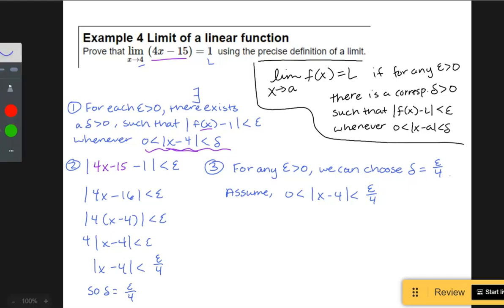And then I just do the work backwards. The 0 piece is not necessary to have there, but if I want to, I multiply through by 4. So now I'm going to work backwards. And the 0 you don't have to have.